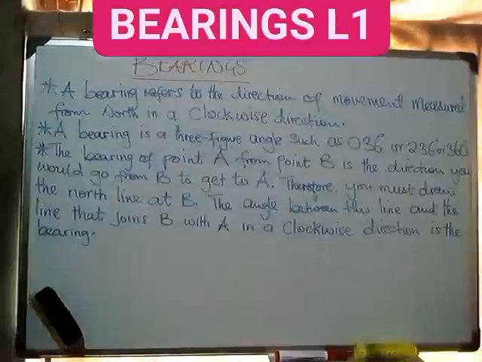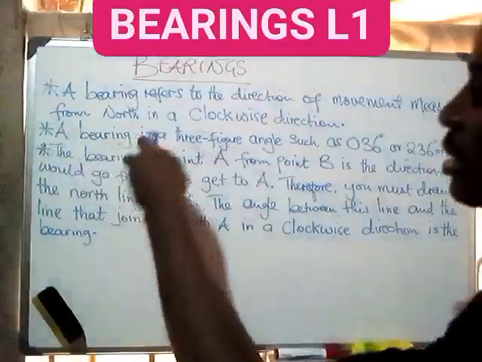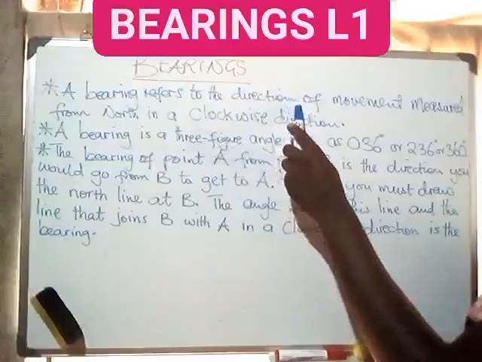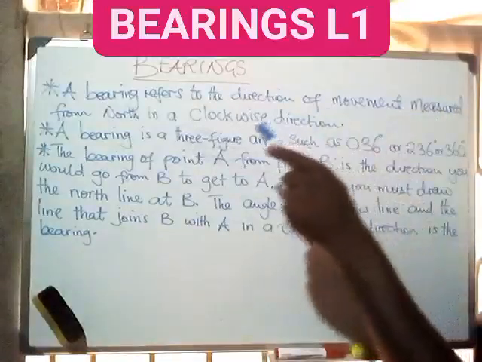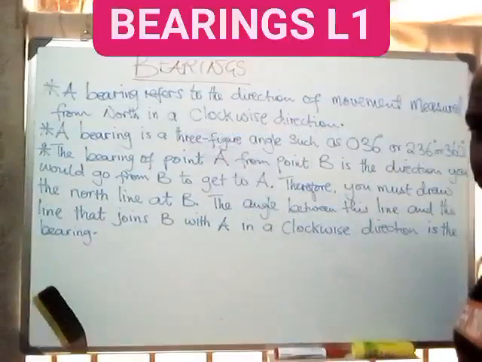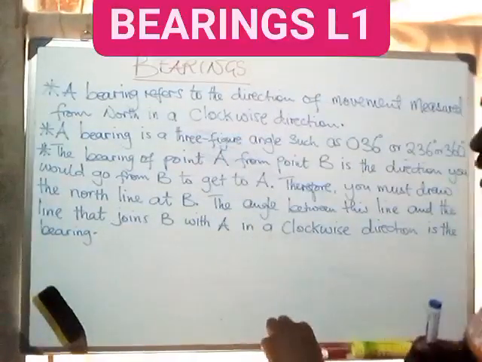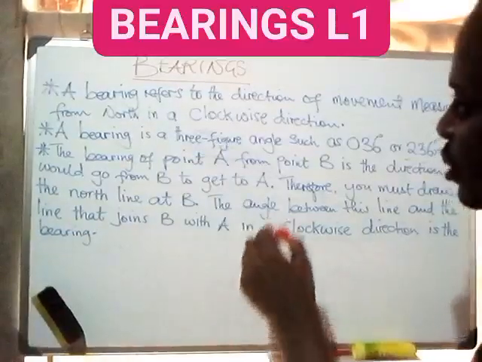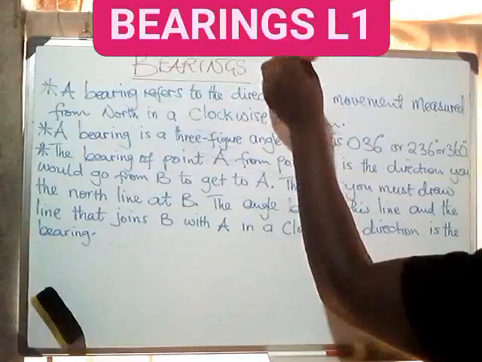So a bearing refers to the direction of movement measured from north in a clockwise direction. So this is the meaning of the sentence which I've just read. We always have the north.